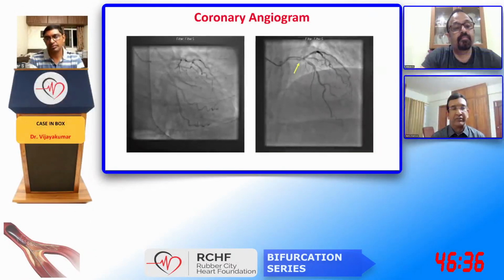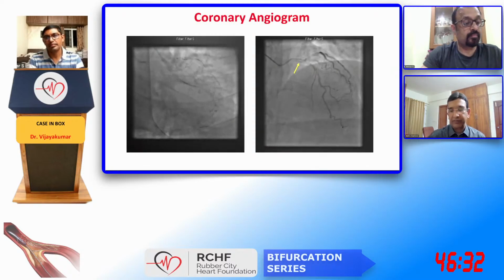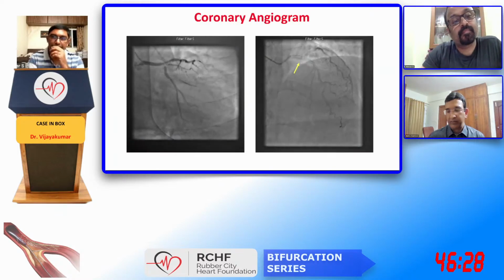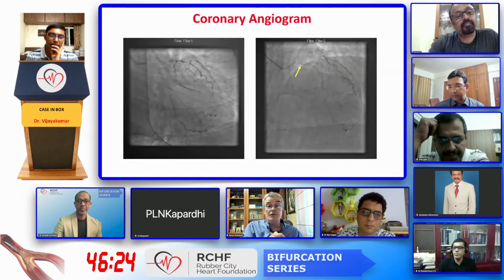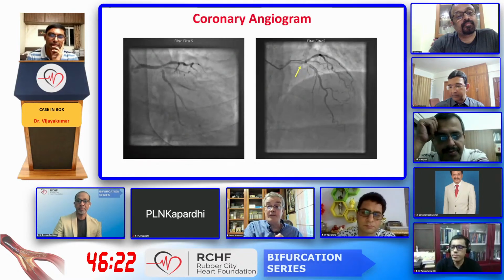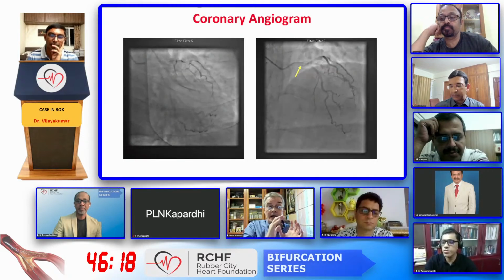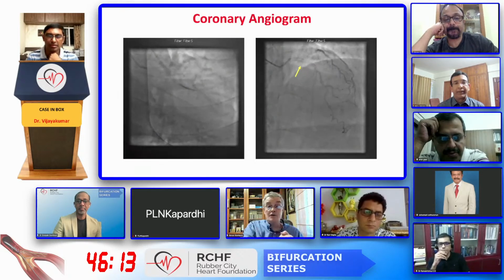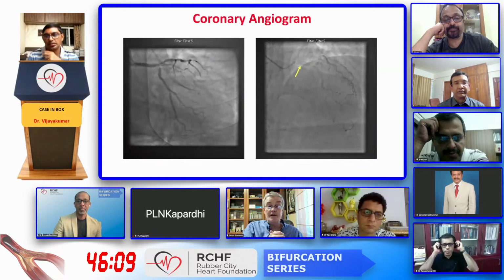In this case, it's not just because we want to make the procedure safer. It's also in order to compress the plaque, because plaque is usually distributed in the lateral walls of the bifurcation. In this case, most of the plaque is actually between the left main and the ostium of the circ, and there is also plaque on the other lateral wall in front of the ostium of the LAD.